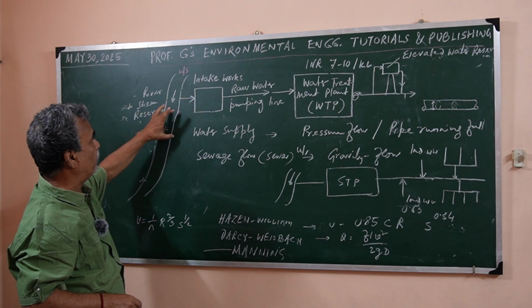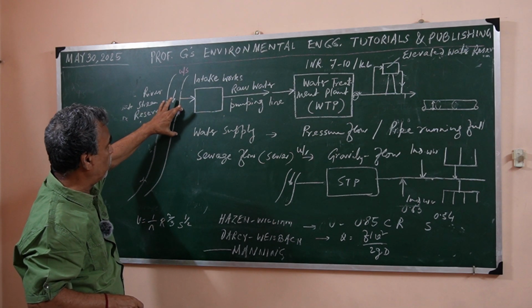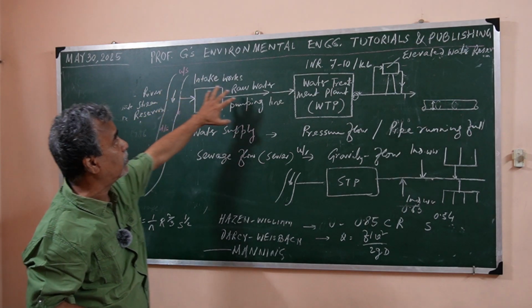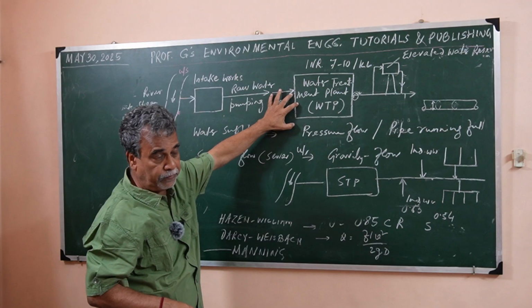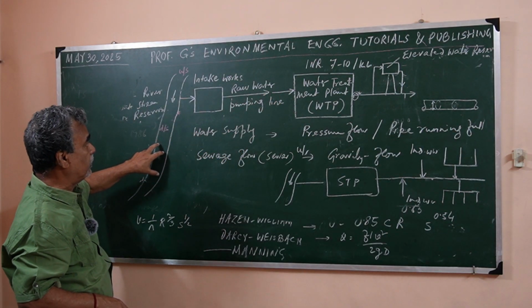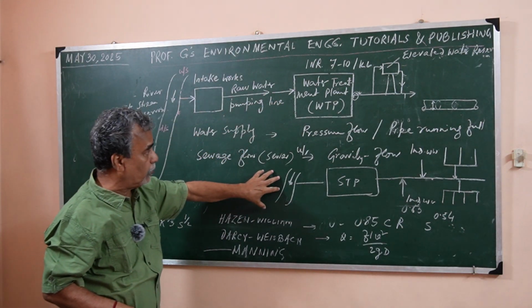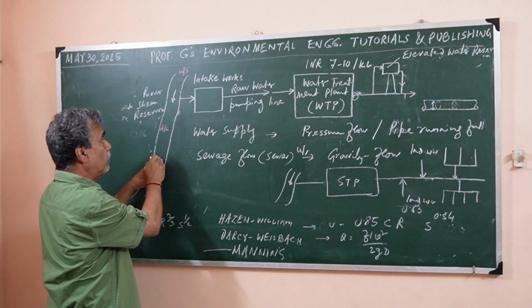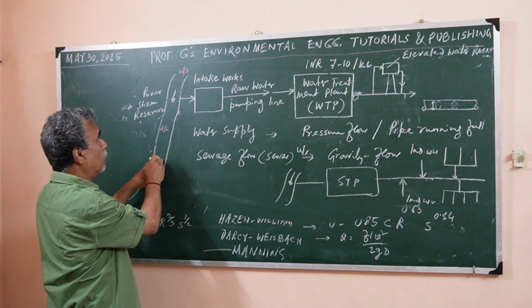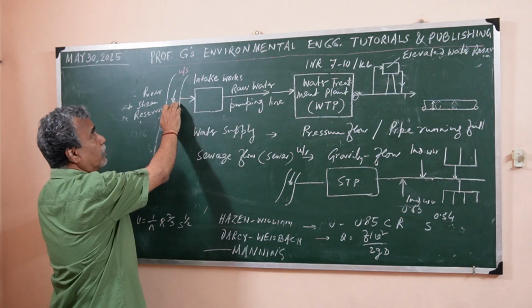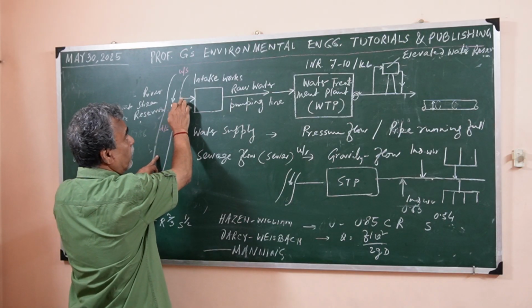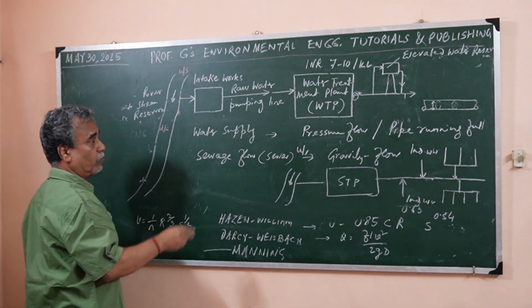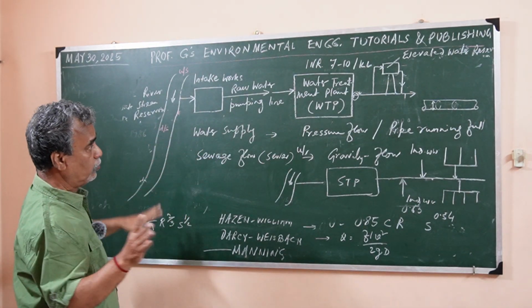From the upstream of a city or stretch, the raw water is taken for the water supply scheme, while in the downstream, the wastewater after treatment is discharged, so that it cannot contaminate the raw water being drawn for the water supply. So that is why this distinction is to be kept in mind.